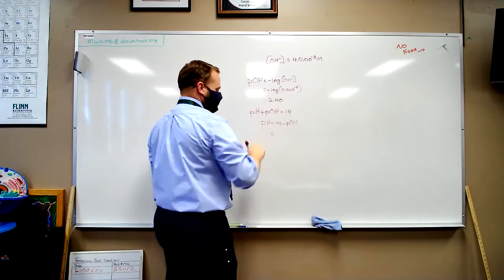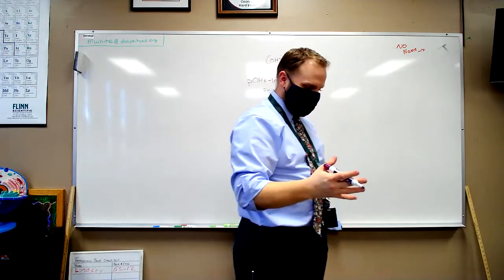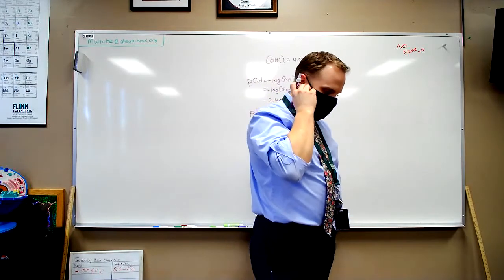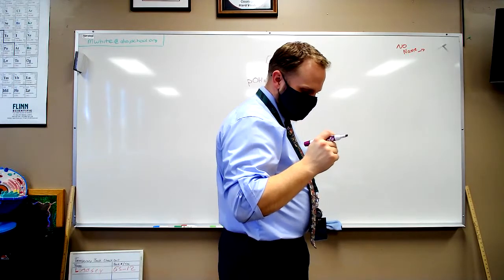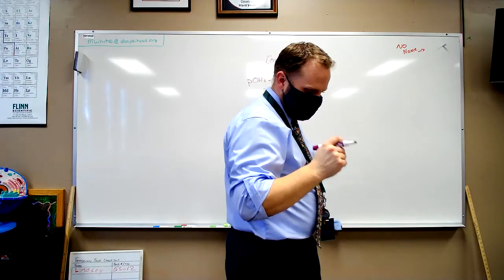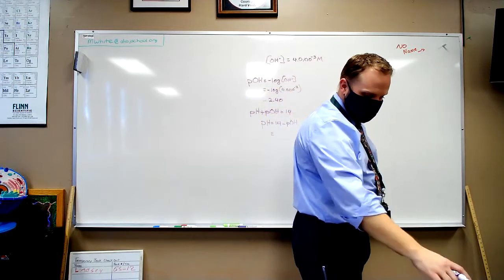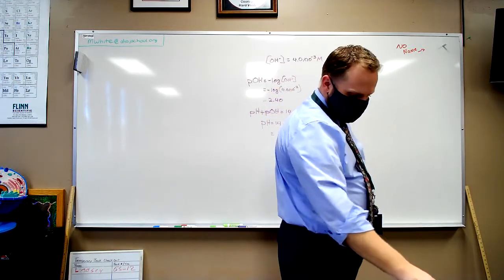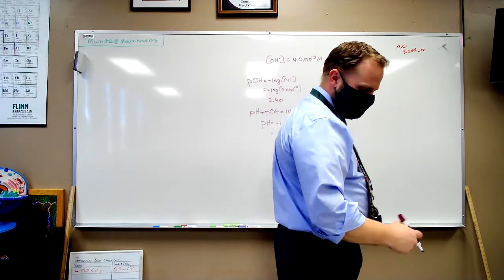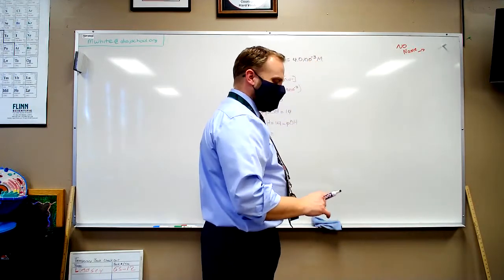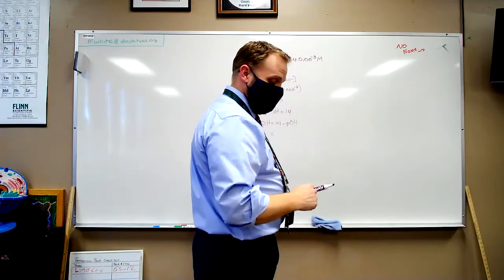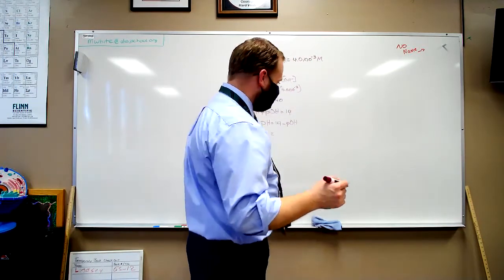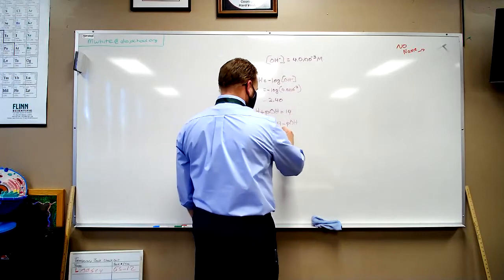So 14 minus 2.4. And that is going to give us a value of... I was looking at it and thinking, am I doing the wrong problem? Because I was looking at a different problem. Anyway, it gives us 11.6.